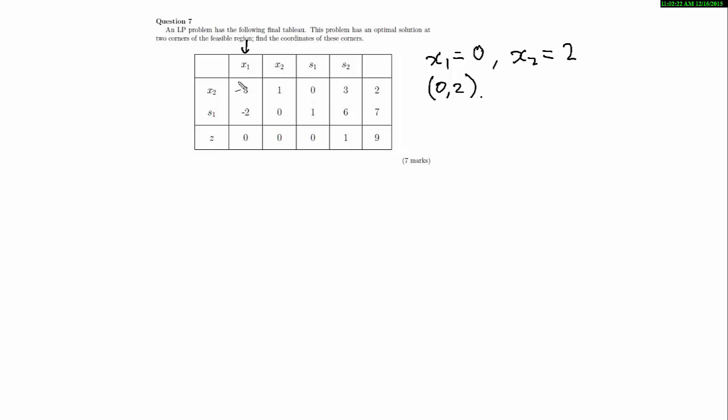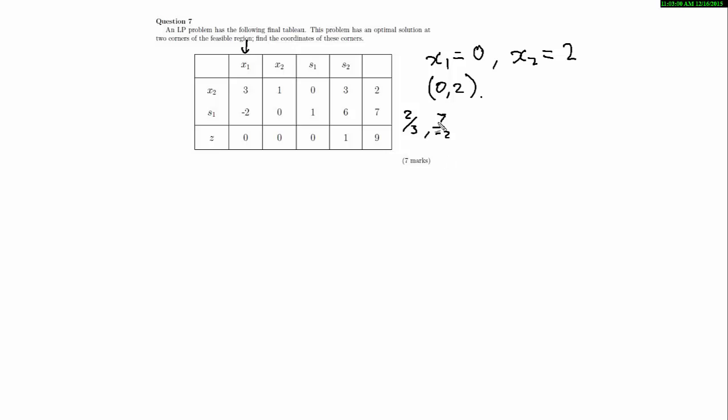To complete this next pivot, to hopefully find another corner of the feasible region where an optimal solution occurs, we first need to find which element out of 3 and negative 2 to pivot on. How we do that is we look at the ratios: 2 on 3, so we take this number and divide it by this number, and we take this number and divide it by this number, and we look at which one of these is the lowest non-negative ratio.